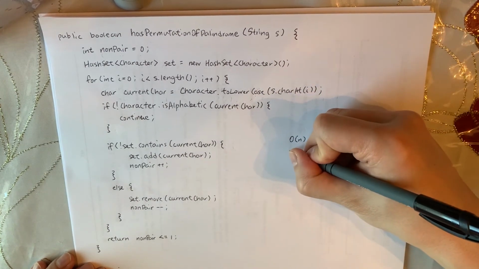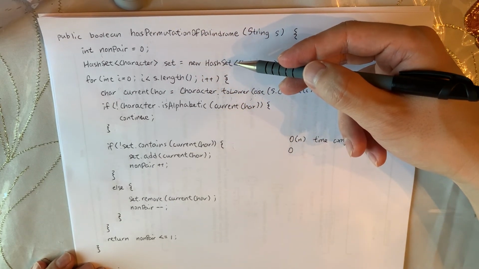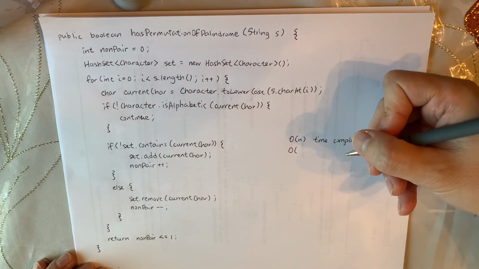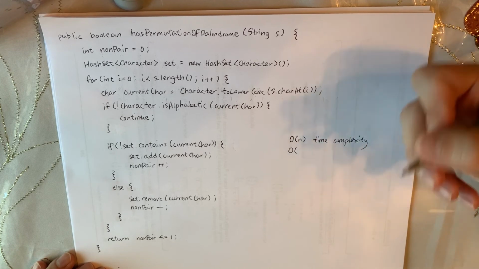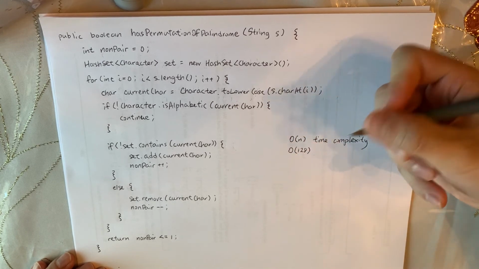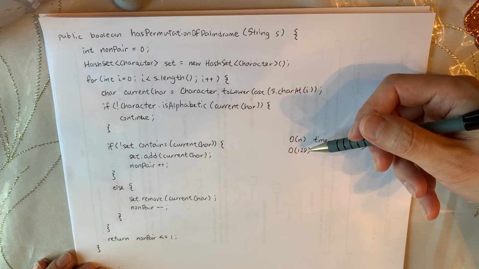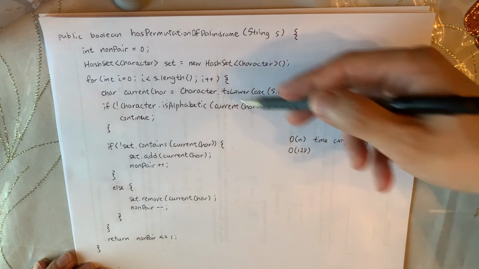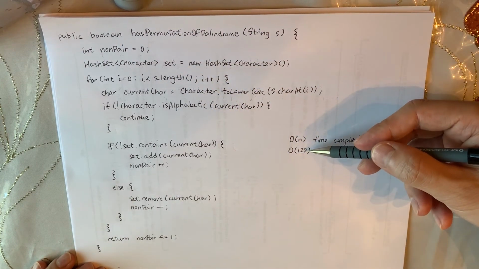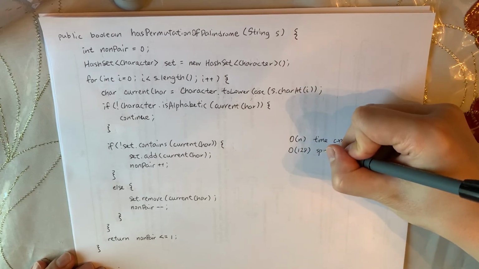And in terms of space complexity, we used a hash set to record the characters as we go along. Depending on your interviewer, if you're using the ASCII character set, it could be O(128), since there can only be 128 different characters in the set, which is really O(1) constant space complexity.